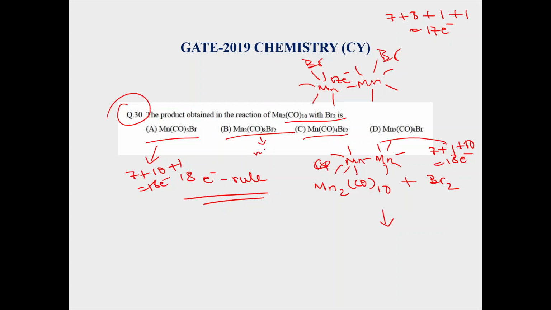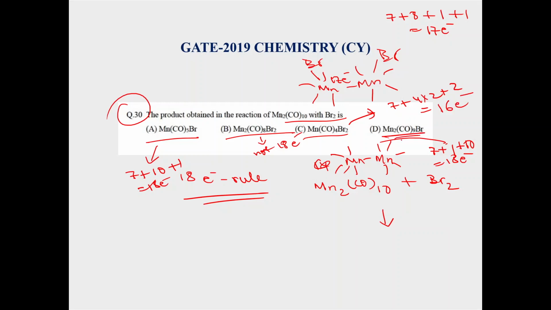It is not an 18 electron complex. Then MnCO4Br2: manganese 7 plus 4 times 2 is 8 plus 1 electron from each Br gives a 16 electron complex.